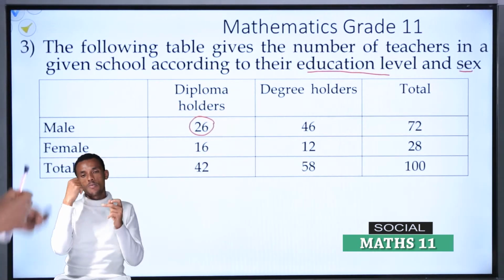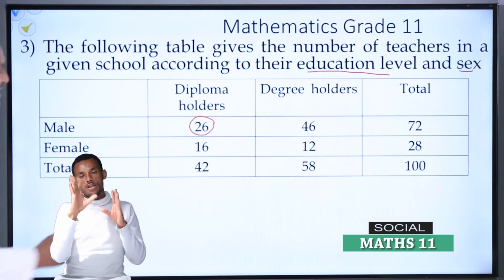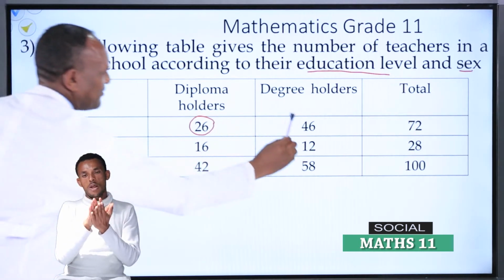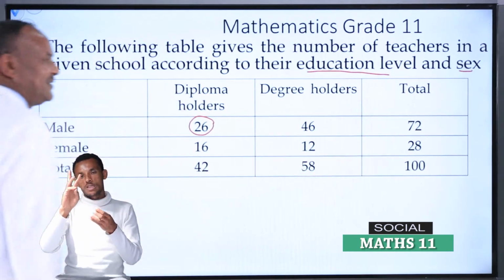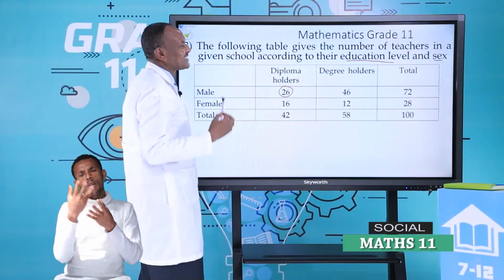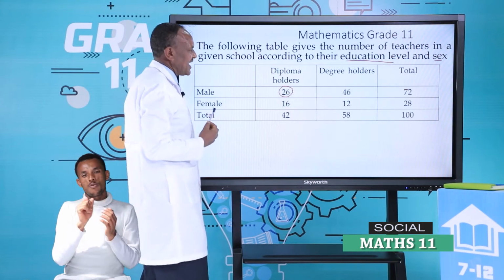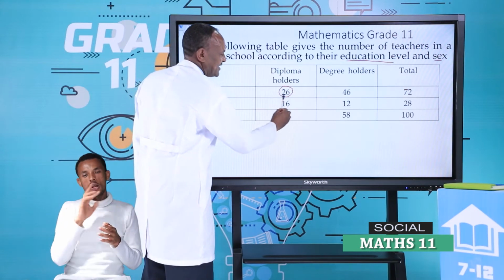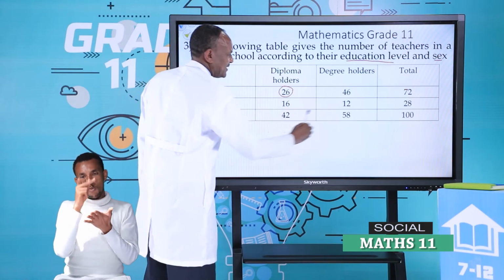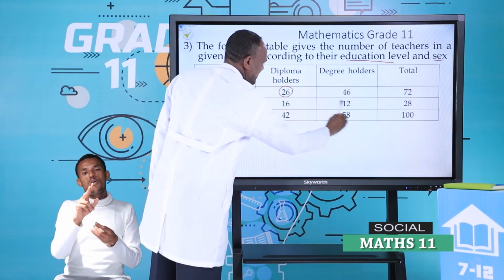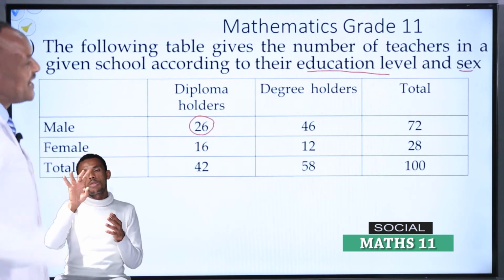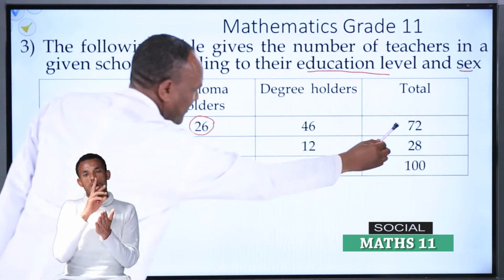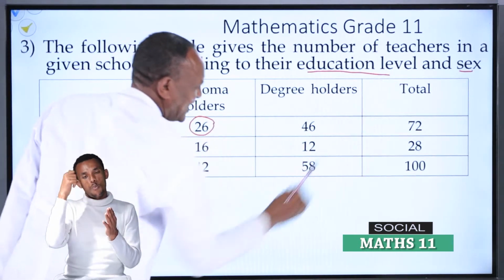So how many male teachers are there in the school, diploma holders plus degree holders? 26 plus 46 gives 72. How many female teachers are there in that school? From this table I can understand there are 16 female teachers with diploma and 12 female teachers with degree. 16 plus 12 is equal to 28. So in that school, there are 72 male teachers and 28 female teachers.